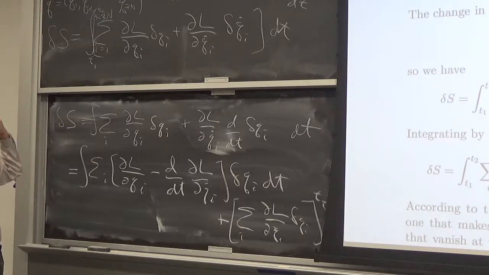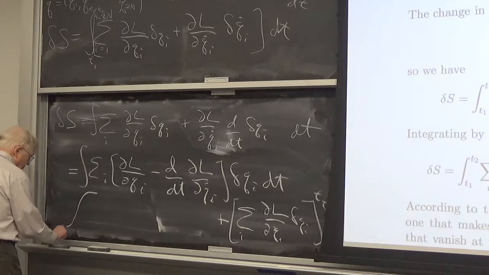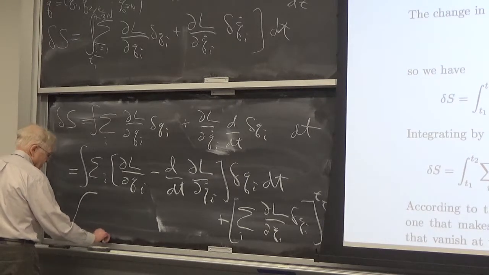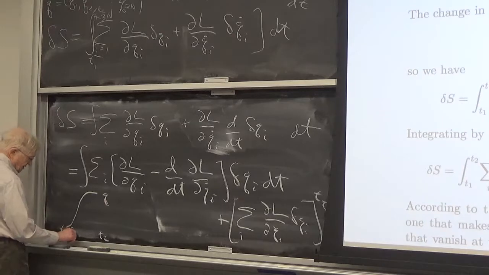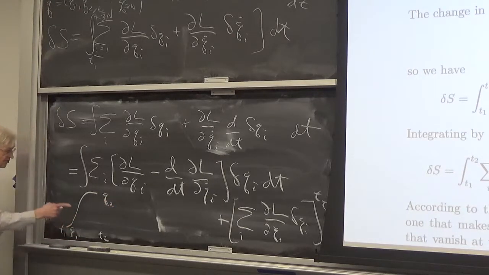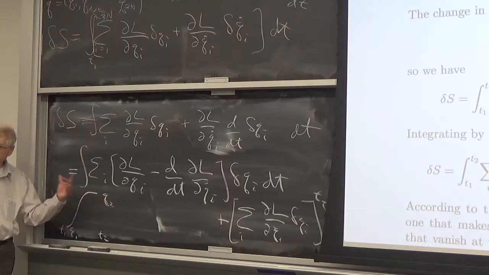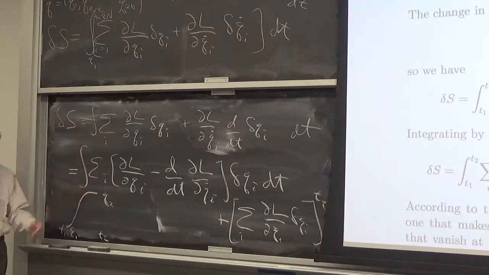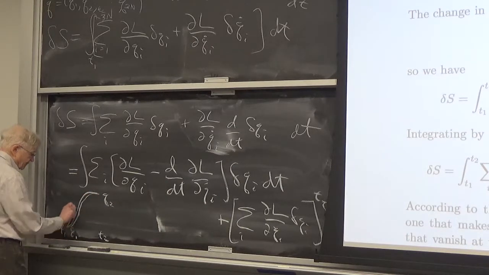And so what we mean here is that of all the ways in which you can go from T1 to T2, and from Q1 to Q2, both of them being 3n vectors, we keep T1 and Q1 fixed, we keep T2 and Q2 fixed. The endpoints are fixed, and we're just varying the paths. And we're only varying the paths infinitesimally.